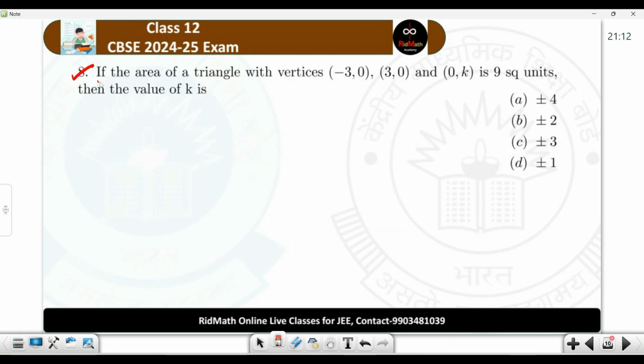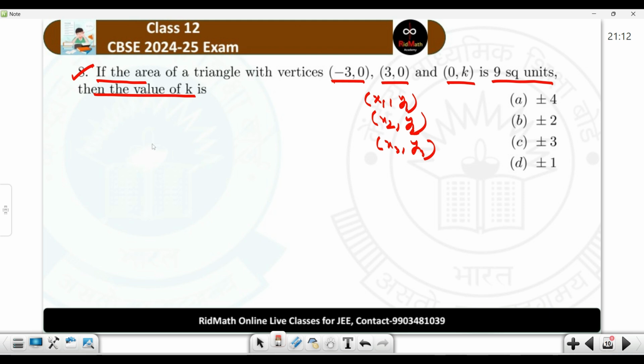Question number 8. If the area of a triangle with vertices minus 3 comma 0, 3 comma 0 and 0 comma k is 9 square unit, then the value of k is. You know that when a triangle has vertices x1 comma y1, x2 comma y2 and x3 comma y3, then the area is half of mod of the determinant minus 3 comma 0 comma 1, 3 comma 0 comma 1, 0 comma k comma 1.